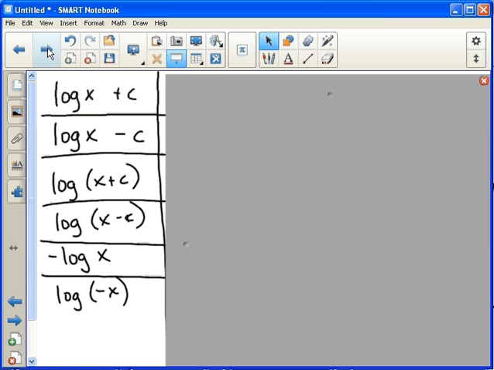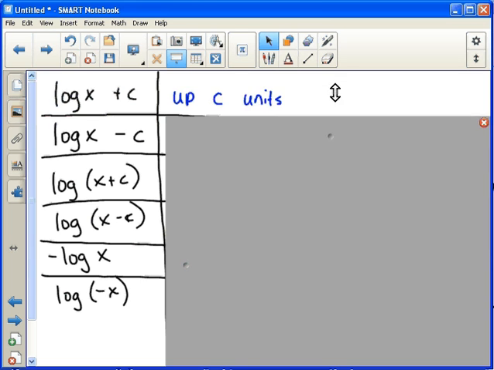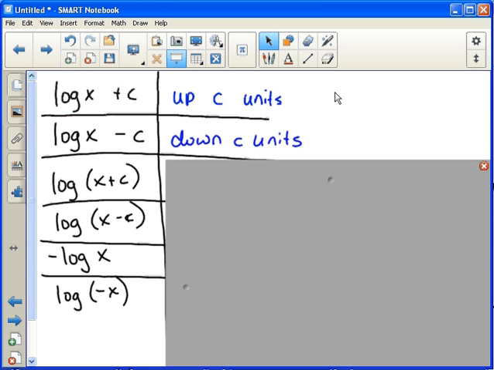So that plus c is actually applying to everything, the entire log. That means it's affecting the y value. Whenever you're affecting the whole function, you're affecting the y value. And if you're affecting the y value, that means it's a vertical issue because the y-axis is vertical. So plus c would move you up c units. And minus c is going to move you down c units.